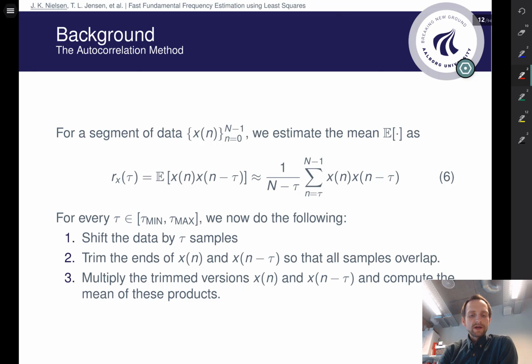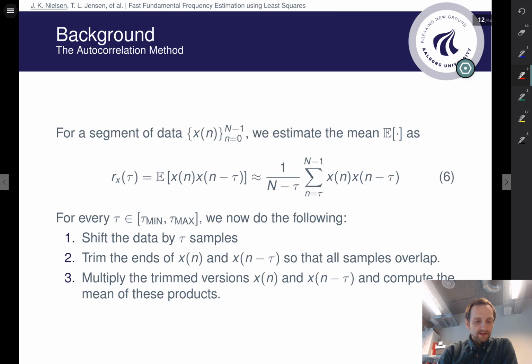In practice, the way we evaluate this expectation operator is that we assume that we have a number of data points, and then we simply compute the average like this. And you can see that if we increase tau, so we increase the period, then we will have fewer and fewer data points in our average.